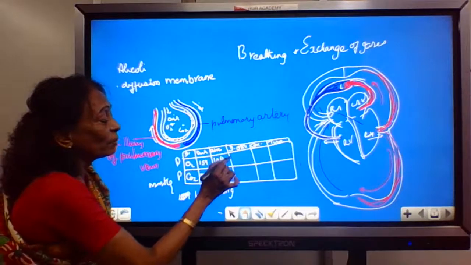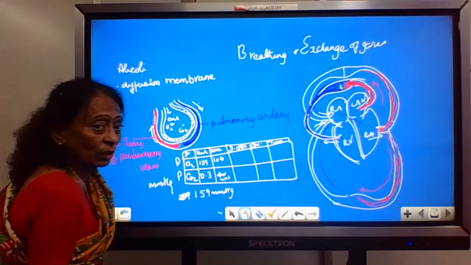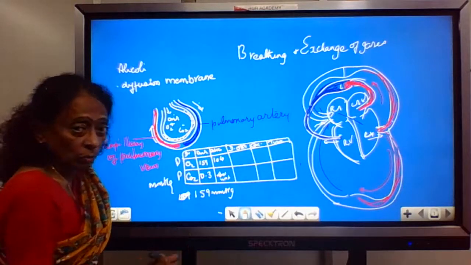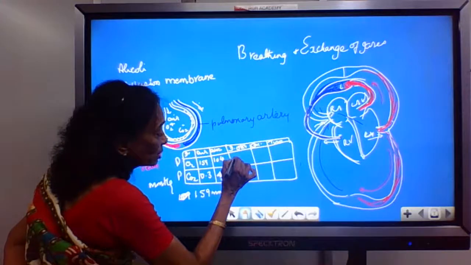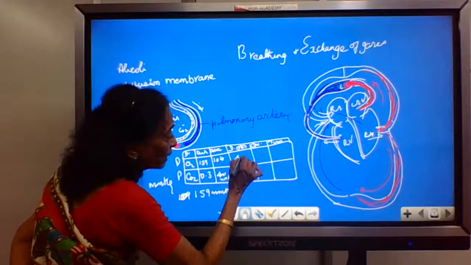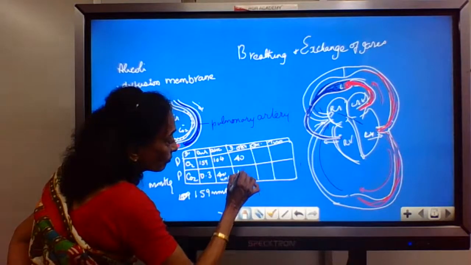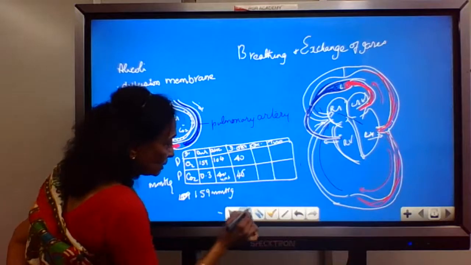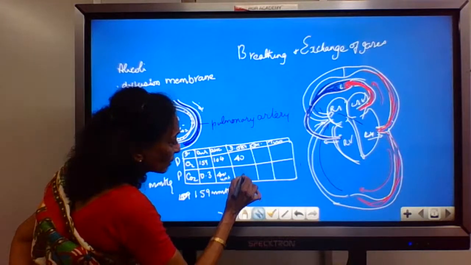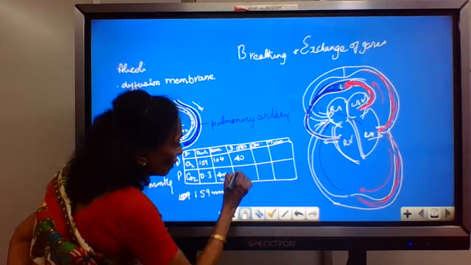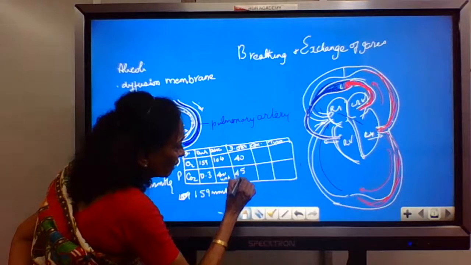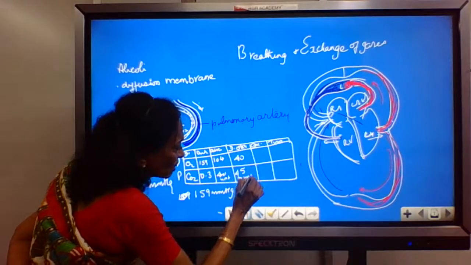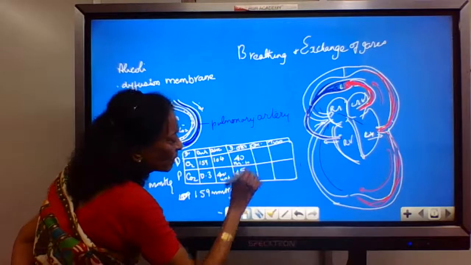Automatically, deoxygenated blood will have a lesser amount of oxygen and more CO2. So remember these two numbers: 40 and 45 mmHg.